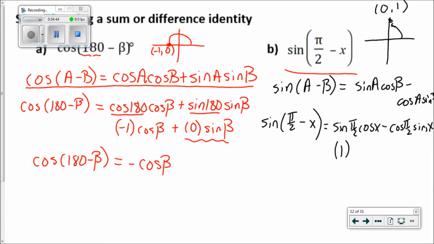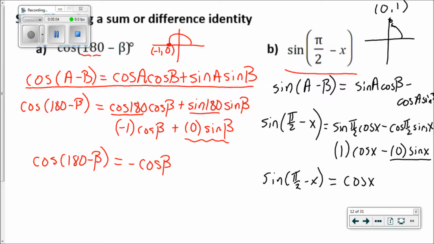So 1 cosine x minus 0 sine x. Again, this is going to disappear just like it did over here in that example. And the sine of pi over 2 minus an angle x is equal to the cosine of that angle x.